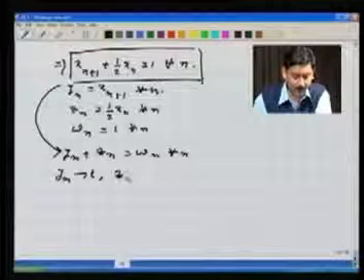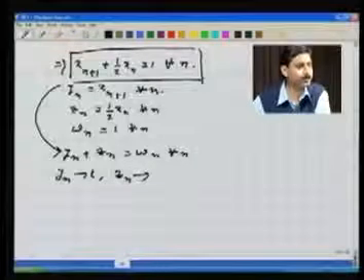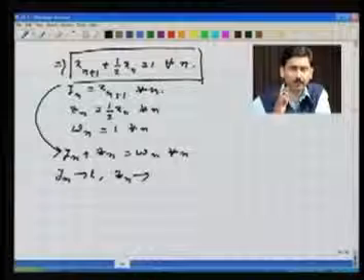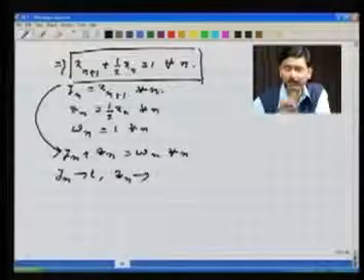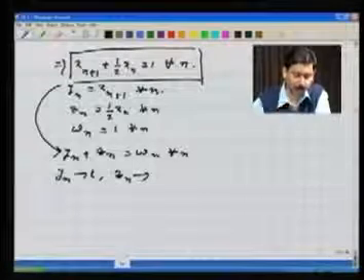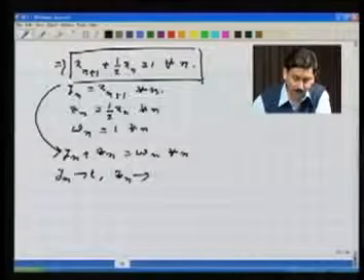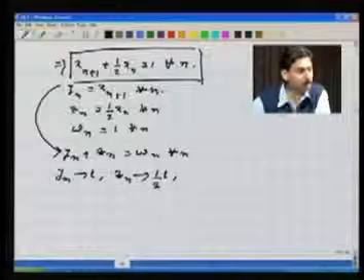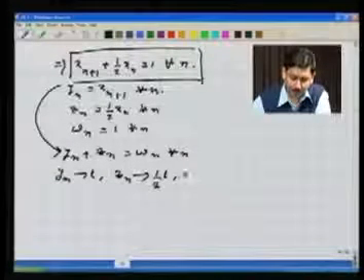What does zn converge to? Well, again you use your multiplication formula for sequences. If xn converges to L, then m times xn, if m is a constant, converges to mL. By the same argument, zn converges to half L. Since wn is a constant sequence, it converges to 1.